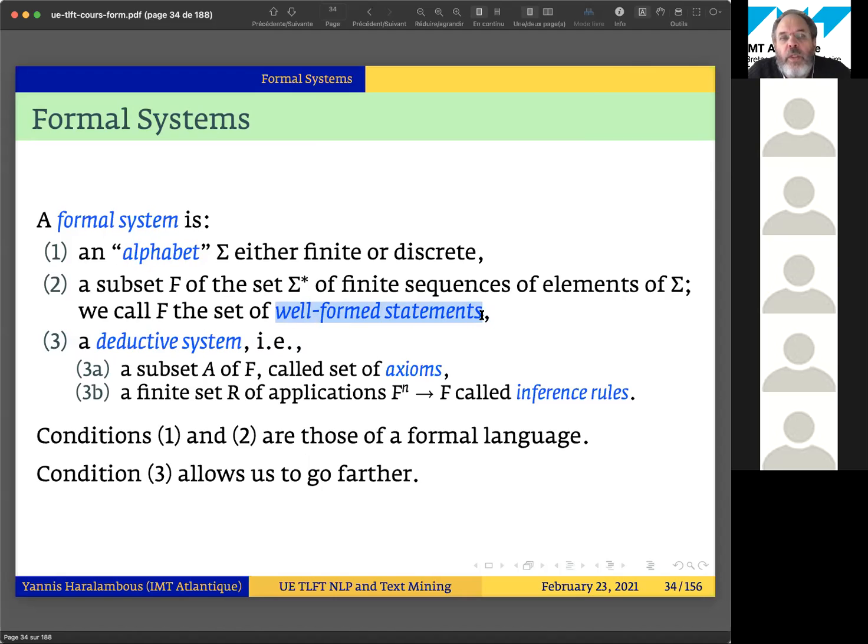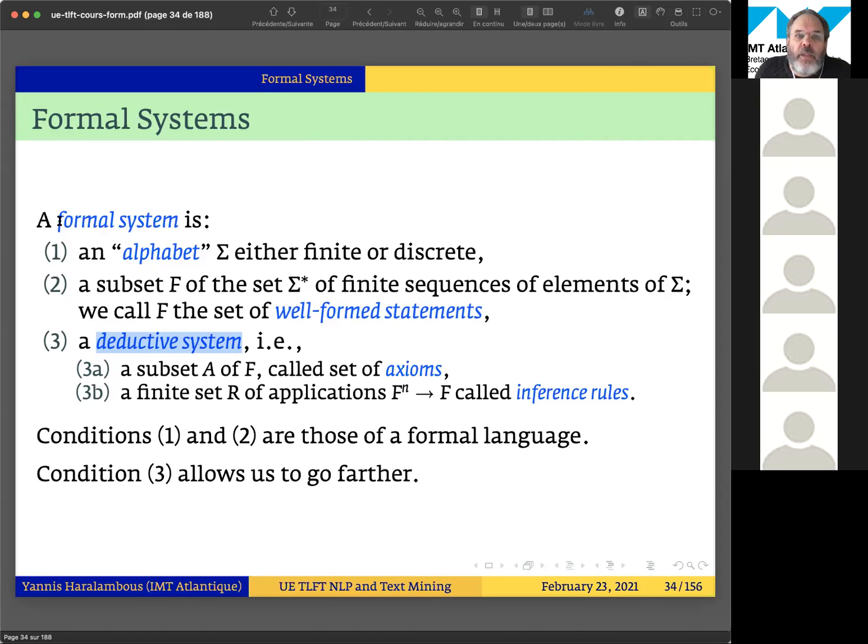So if I take only well-formed statements, I get a language. And the deductive system, which is new, is a way to build new well-formed statements out of existing well-formed statements. Some of the well-formed statements are not built using the deductive system, and they are called axioms.